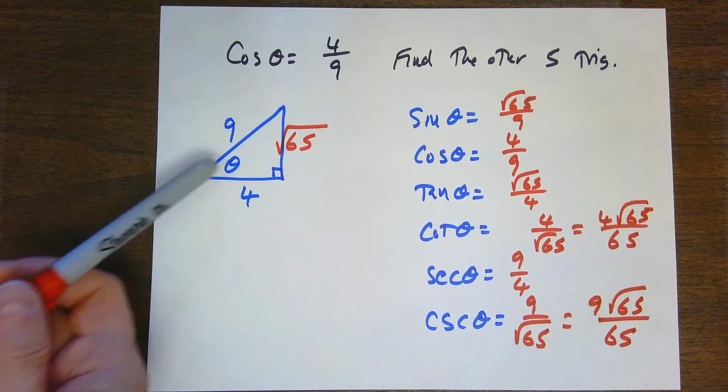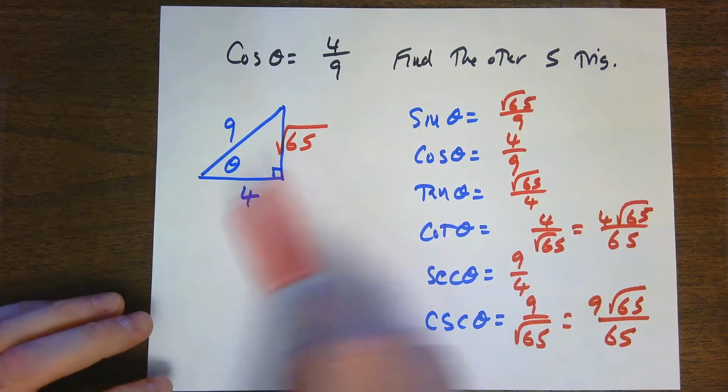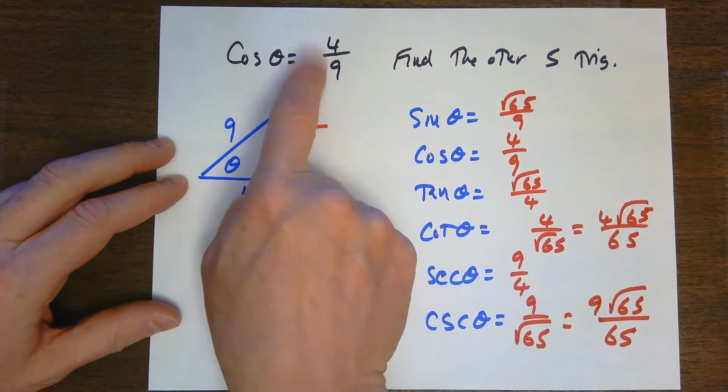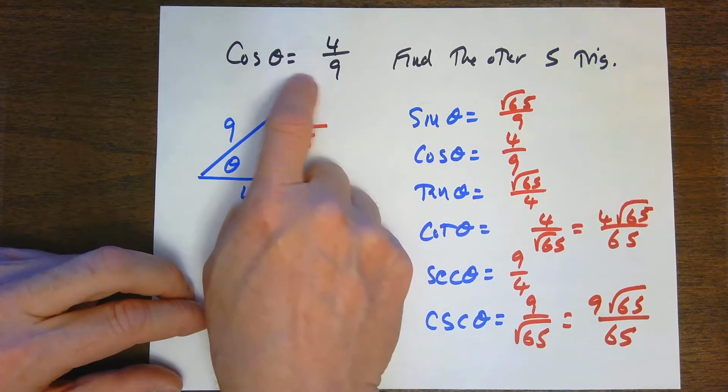Now notice that this angle theta is a first quadrant angle. If I gave you one that was negative, then we'd have to think about what other quadrants it could be in. Like if I told you the cosine was negative 4/9, then that's going to be in the second quadrant.